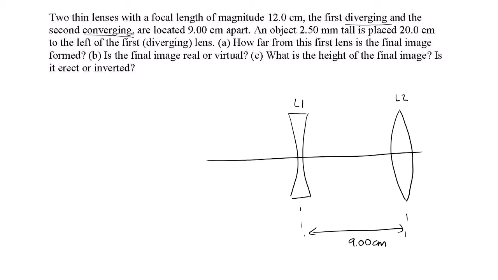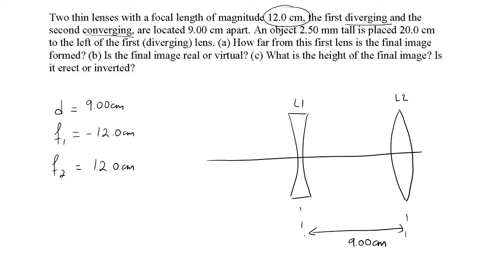So let's name it distance equals 9.00 centimeters. And then we know that the focal length of both of them is 12 centimeters, but for the diverging lens, the focal length should be negative, f1 equals negative 12.0 centimeters, and f2 equals positive 12.0 centimeters.